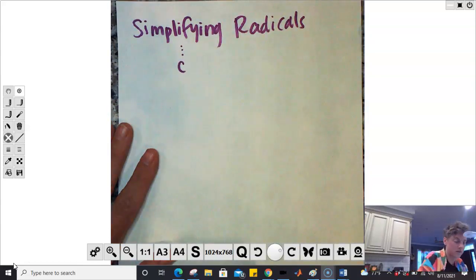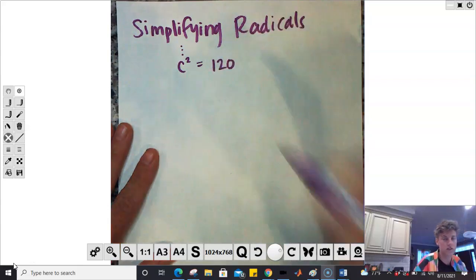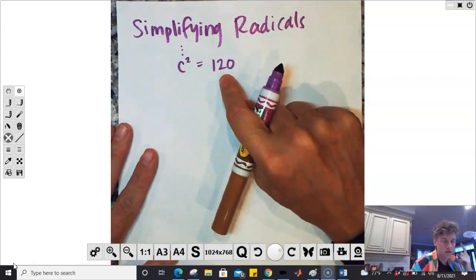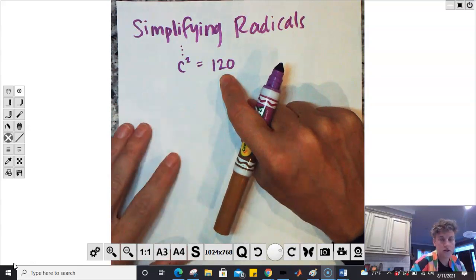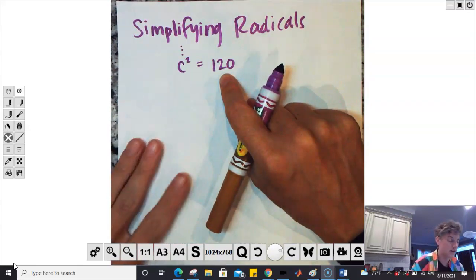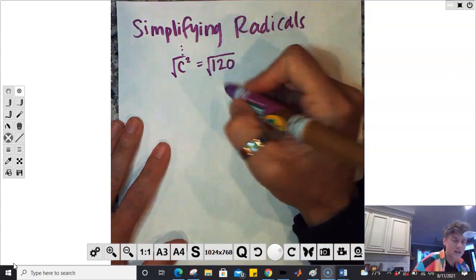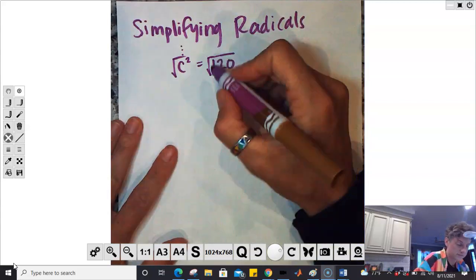We did the Pythagorean theorem. We got down to c squared is equal to 120. Now, for those of you that are quick with your perfect squares, you know 120, if you square root it, it's not a whole number. So let's talk about how to break down said radical.